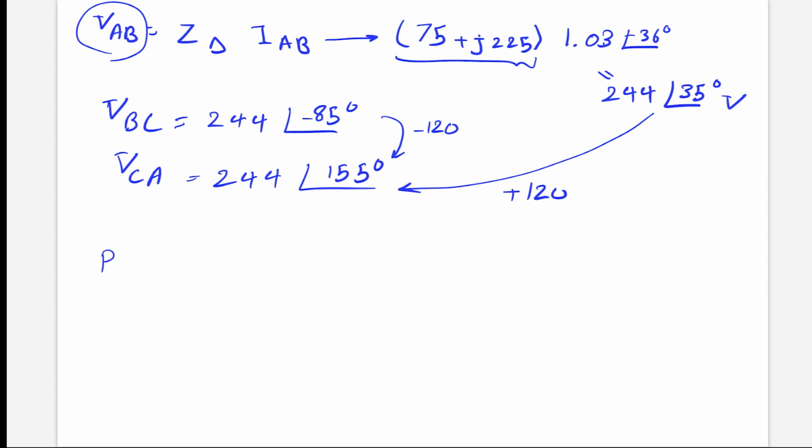The real power or average power for one of the loads, for one of the Z deltas per phase, will be the IAB RMS value squared times the real part of the Z delta.